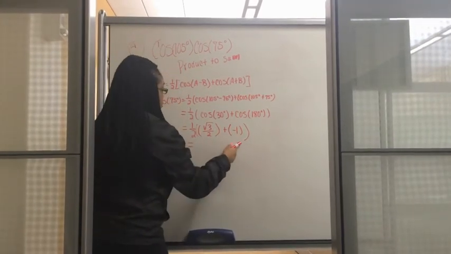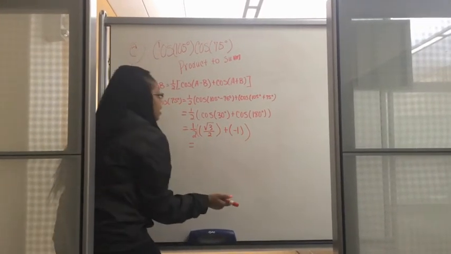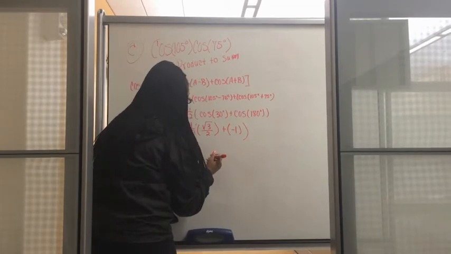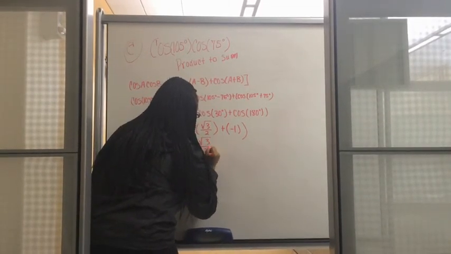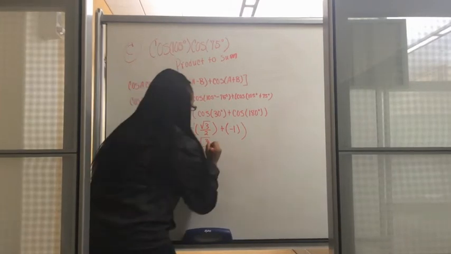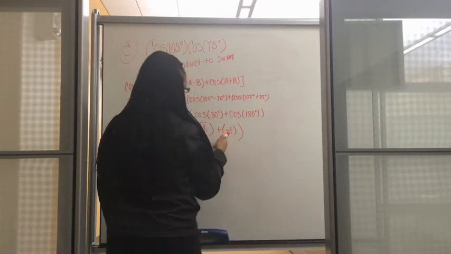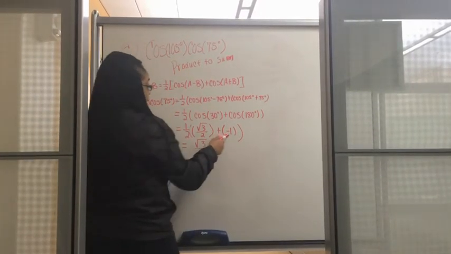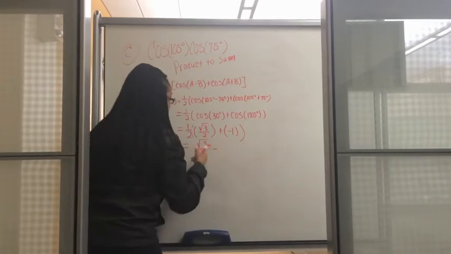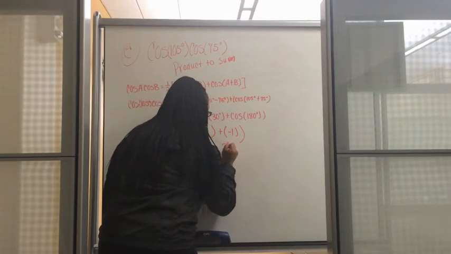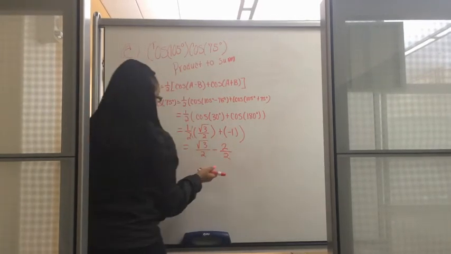So then I did what was in the parentheses first, and I did square root of 3 over 2 minus, because a negative plus a positive is a negative. So you have to have the same denominator, 2 all over 2. That's the same as negative 1.